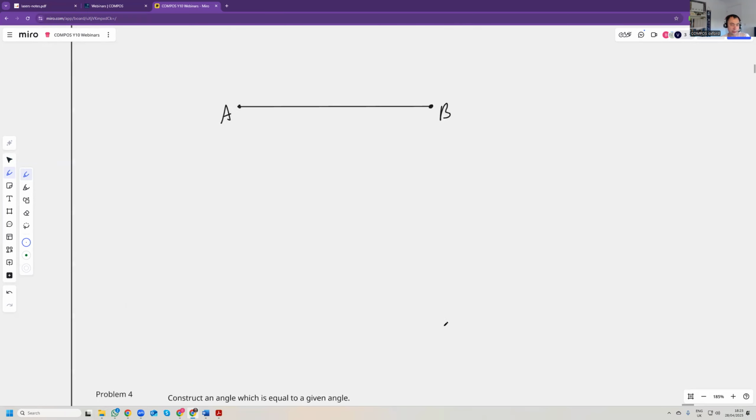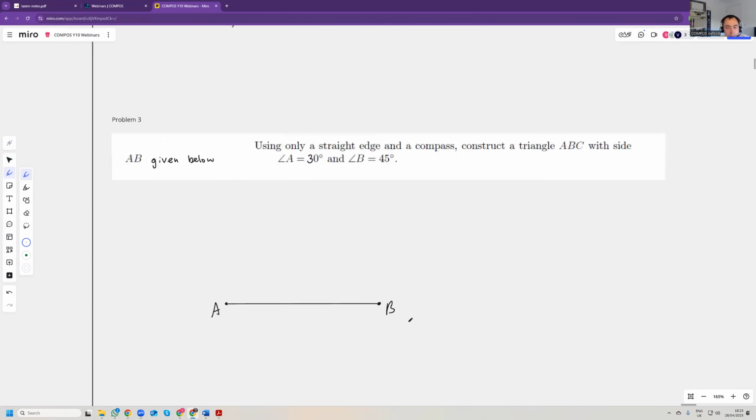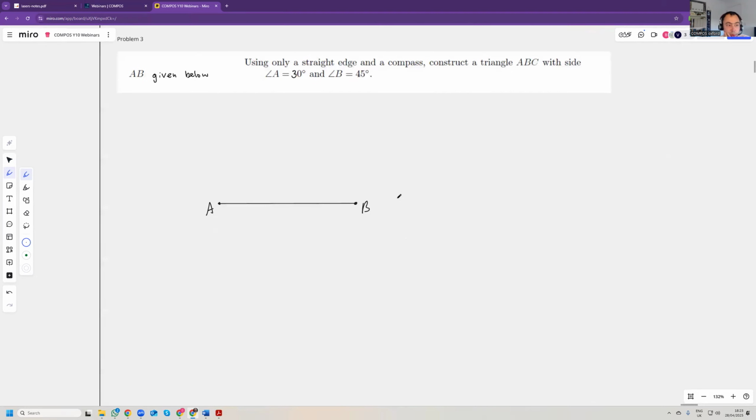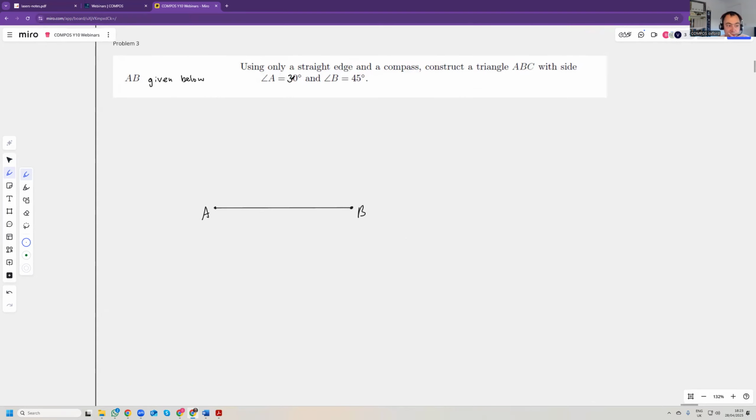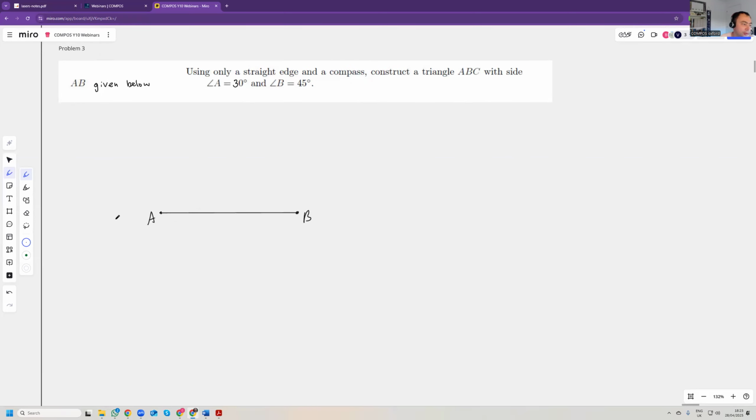Now, go back to problem 3. So effectively, we need to draw an angle of 30 degrees from point A. How do you draw an angle of 30 degrees? Different ways of doing it. I think the easiest way is to draw an angle of 60 degrees first, and then bisect this angle. Drawing an angle of 60 degrees is really easy.